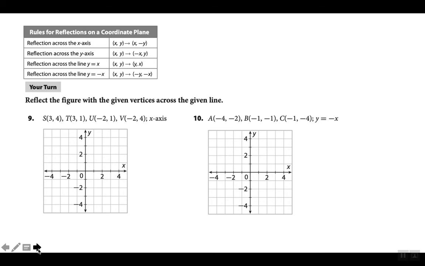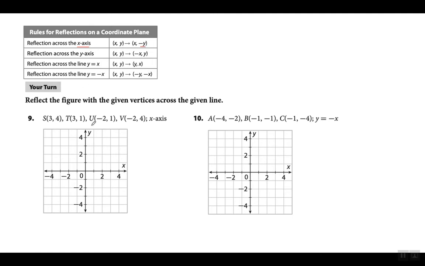Okay, so let's look at our first example here, number 9. They're giving us the coordinates of the pre-image, and they want us to reflect it over the x-axis. If you look at the rule to refresh your memory, to reflect over the x-axis, I have to change all the y coordinates to their opposite sign.